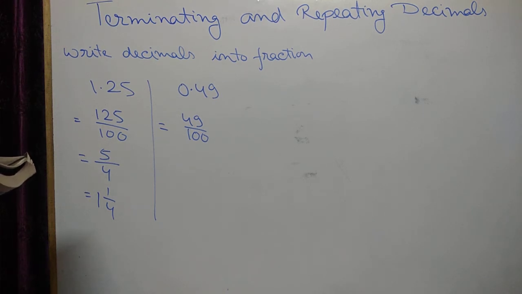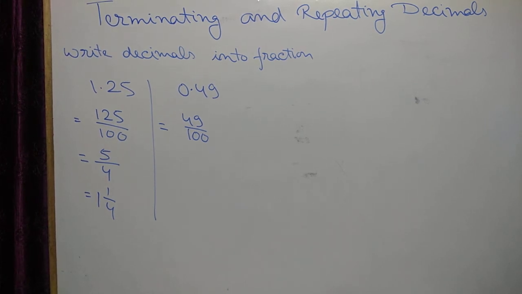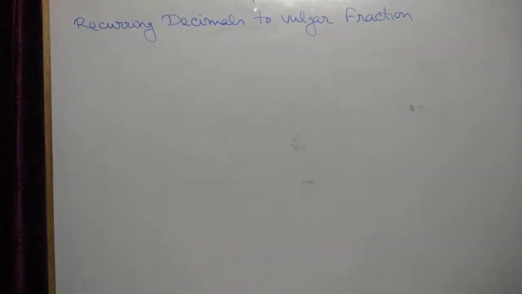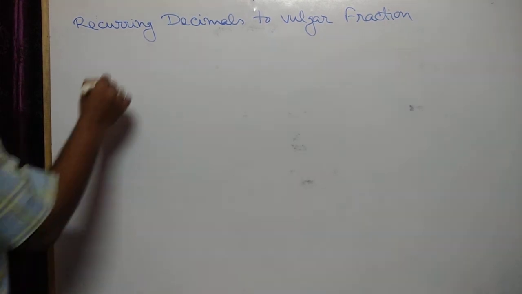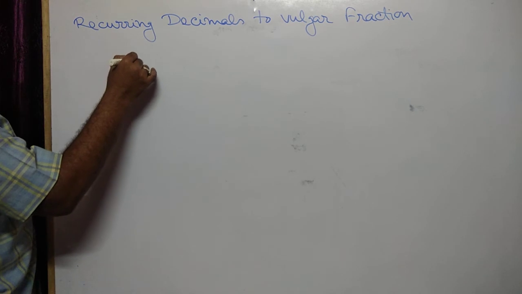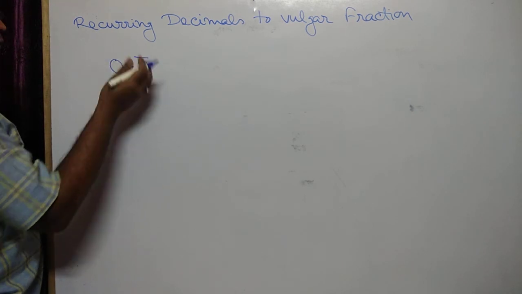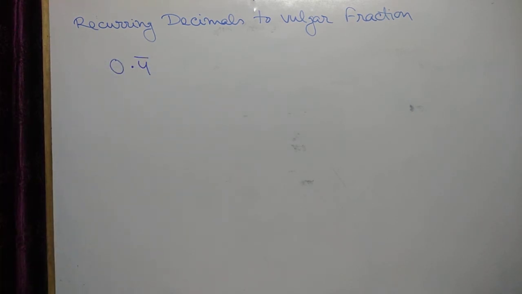Most important question: change each of the following repeating decimals into fraction. This is the most important question. As you are observing on the board, we are going to convert a recurring decimal to a vulgar fraction or simple fraction. For example, we are going to convert 0.4 bar, or 4 recurring, into a vulgar fraction.